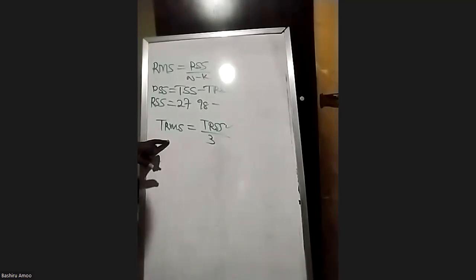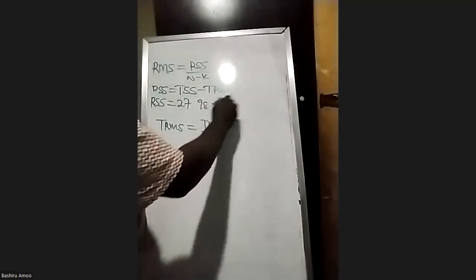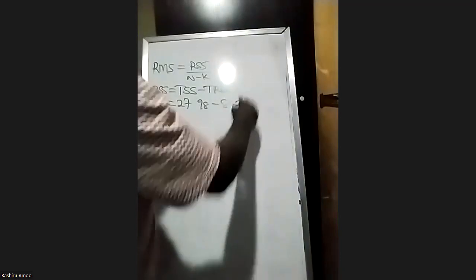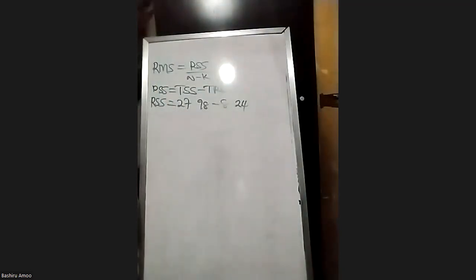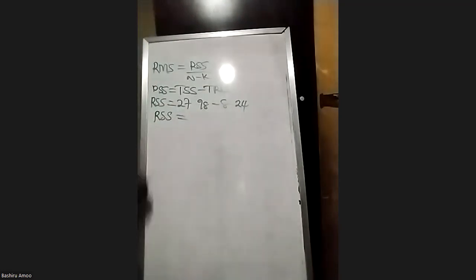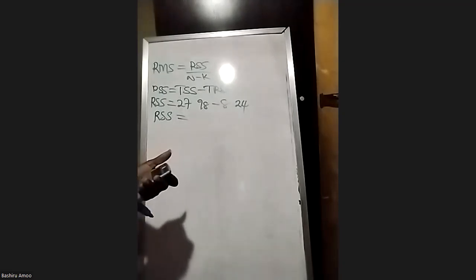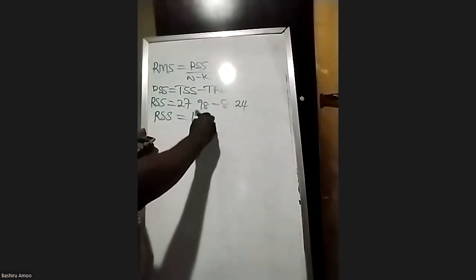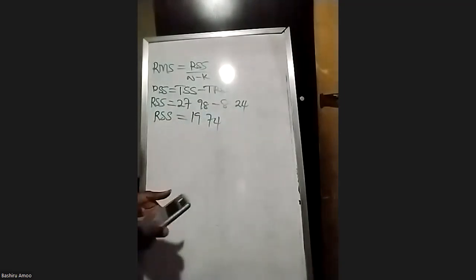Oh, God bless you, my brother. So this is 8 point what? 8.24. So which means residual sum of square would be 27.98 minus 8.24, right? I'm having 19.74 here.